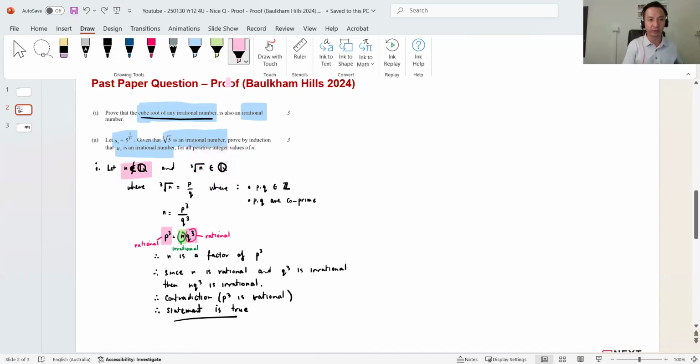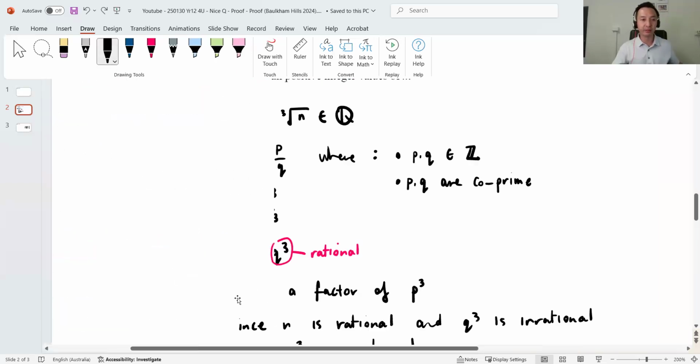You're not questioning the original irrational number itself. That's not part of your negation. Your negation is only on the cube root. Once you do that, you prove that one side's rational and the other side's irrational, therefore contradiction. Pretty straightforward.